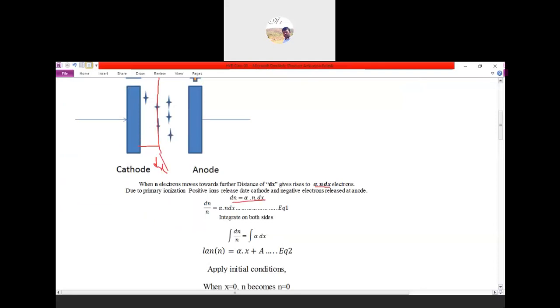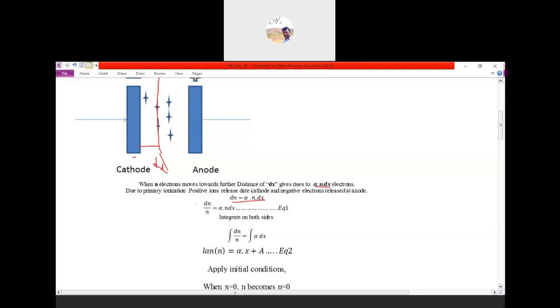So we are considering the distance dx, and the number of electrons that arise in this gap, we consider as alpha n dx.